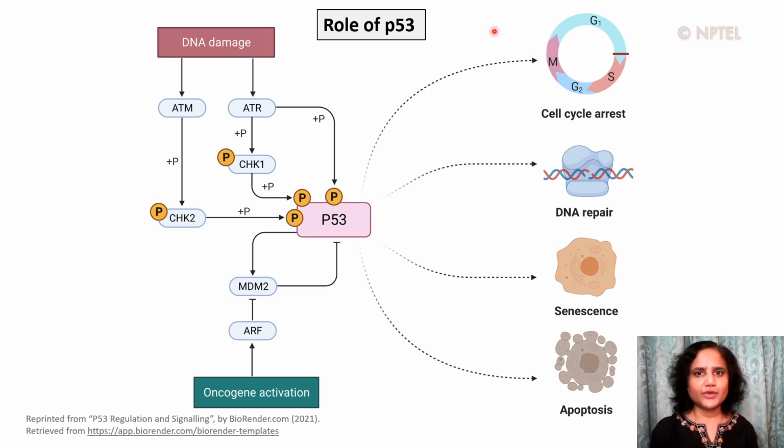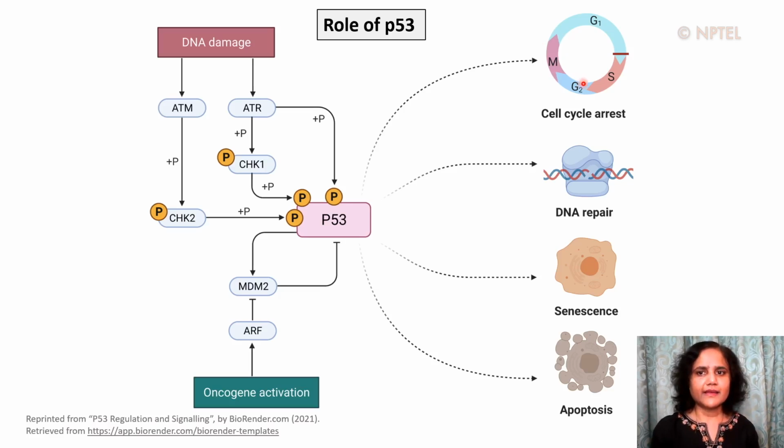And in response to DNA damage, p53 induces p21, which is a CKI, cyclin dependent kinase inhibitor, that blocks the cell cycle progression in G1 by inhibiting CDK2 cyclin E complexes.